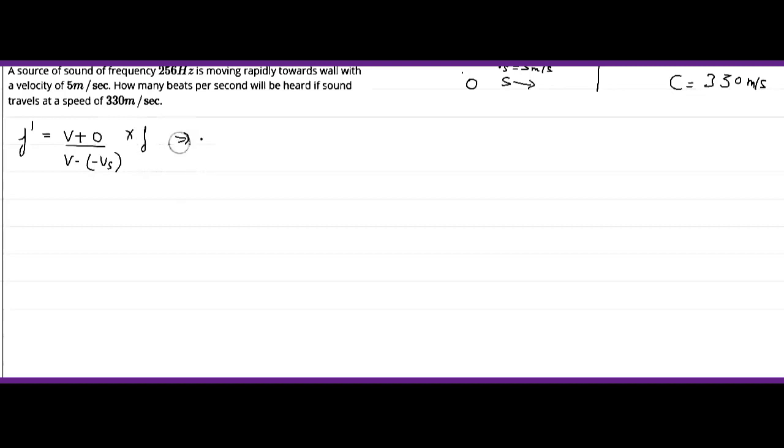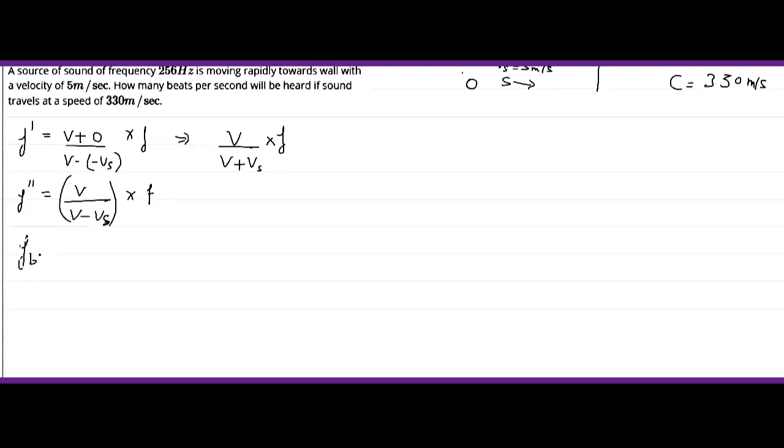Then f dash is equal to v upon v minus vs into f. For f double dash, we have again v upon v plus vs, velocity of sound, multiplied by frequency. Here the sign will remain as it is.